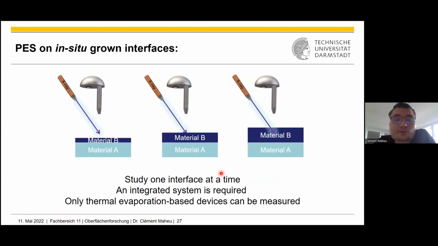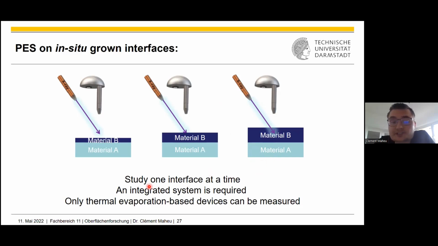So the interface experiment is well known now, but you can study one interface at a time, meaning that this kind of experiment is already one day of experiments, and usually you don't want to leave your sample overnight because you don't know what can happen. So usually you do one interface at a time.